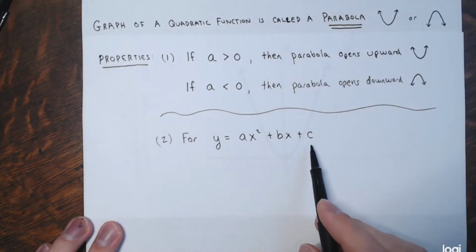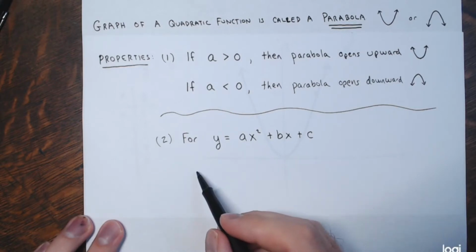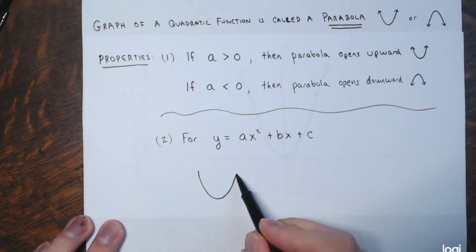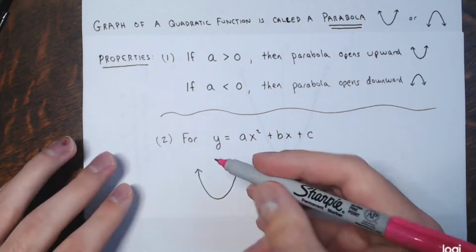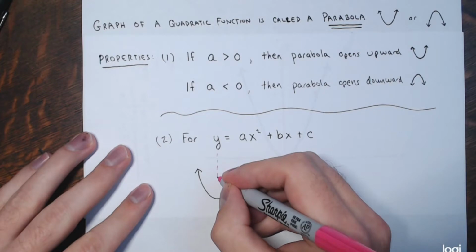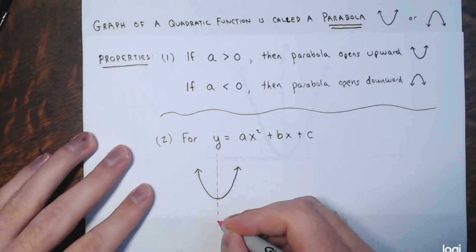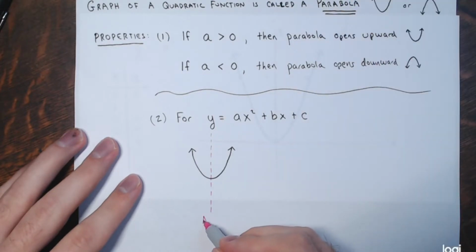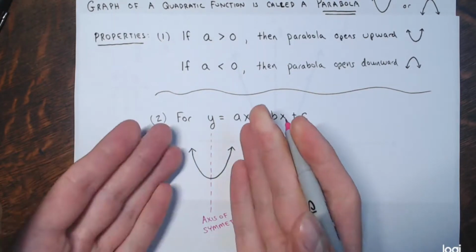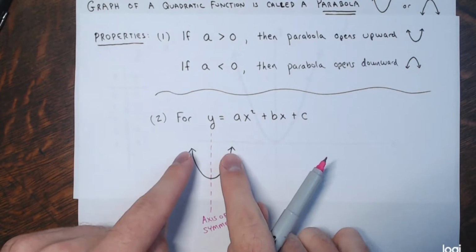If you have a quadratic function, again, the graph is some parabola, either opening up or opening down, and it's very symmetrical. It's symmetrical about a vertical line, and I'll put a little dashed line here. And this vertical line is called the axis of symmetry for the parabola. The axis of symmetry, because if you were to fold along that line, the two halves would match up.